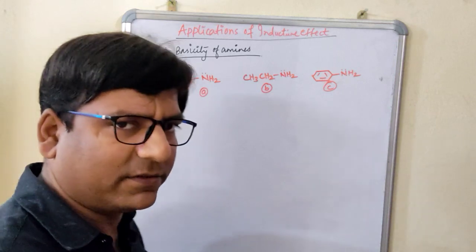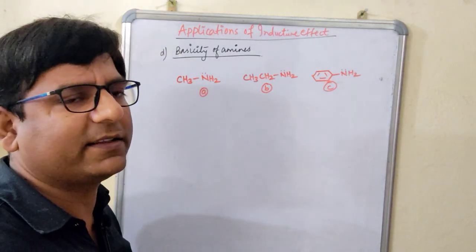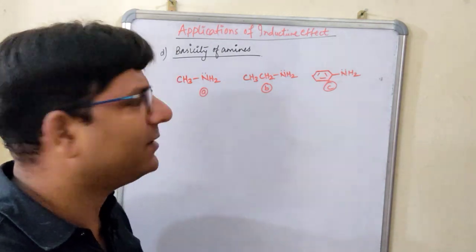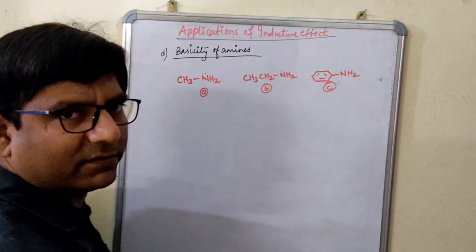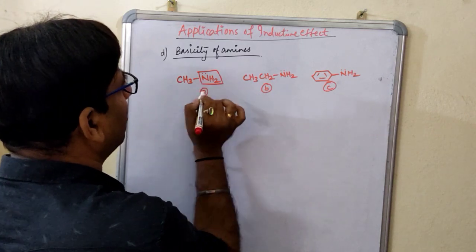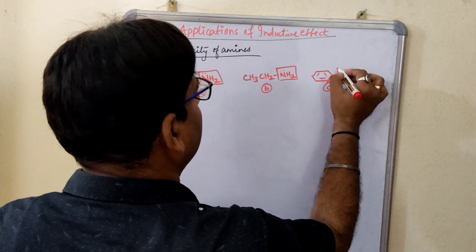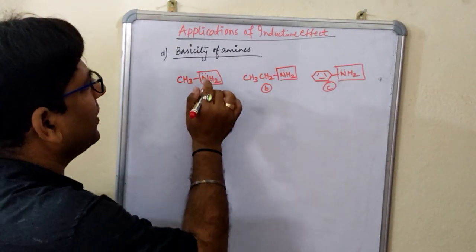Already we know the two conditions that need to be fulfilled. Then we can say that that particular amine is more basic with respect to the other. Now when you see all three structures, what is common? The common is the NH2 group. In all three you have this NH2 group, and all the NH2 groups have the lone pair.